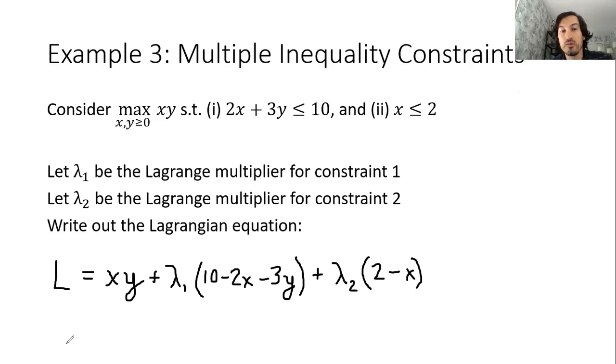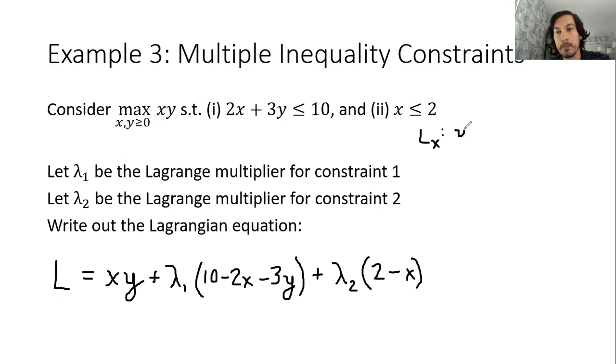What do we do now? We're going to have 4 first order conditions. What's the first order condition from x? The partial derivative of L with respect to x is equal to 0. Here's a y from the first term, xy.